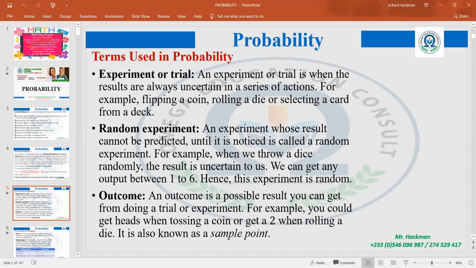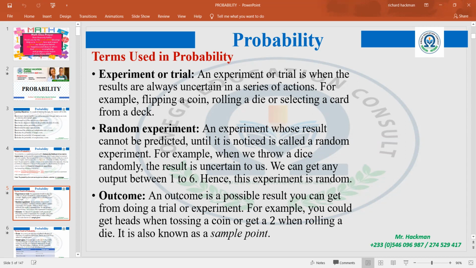Yes. All right. So then let's look at the second one, random experiment. You can see that this time around, the experiment has been qualified. So we are dealing with a random experiment. A random experiment is any experiment whose results can never be predicted.